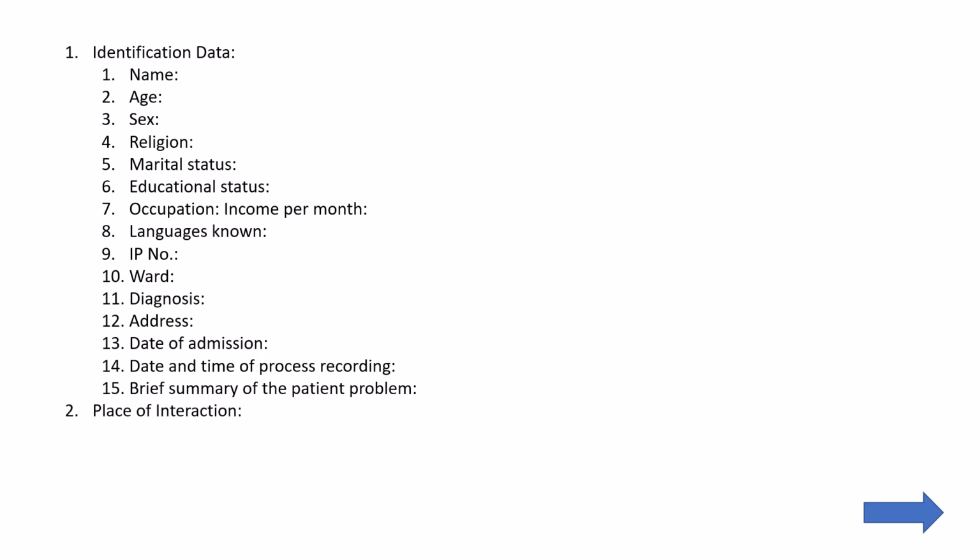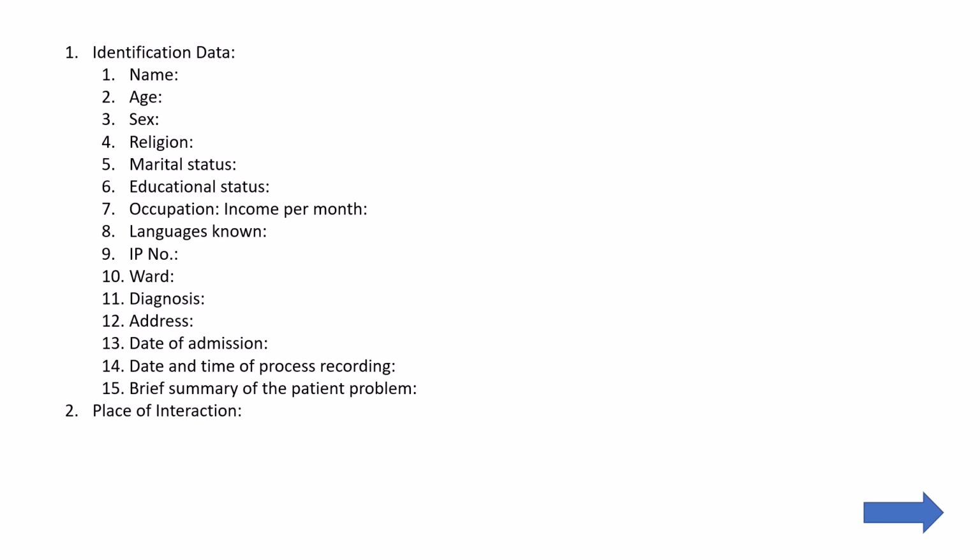Then place of interaction, another important thing. I already explained that we have to mention the prerequisite. In the prerequisite, I mentioned the setting of the nursing process recording. So the setting is the place where you are going to conduct it, whether the ward, the nurses station, or any hall that is separated for nurse-patient conversation.